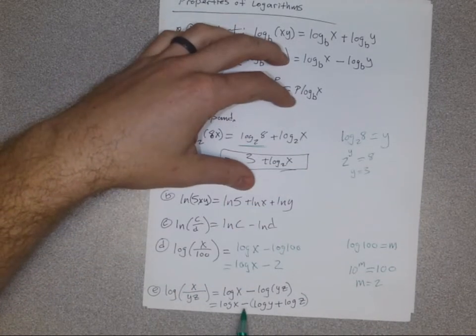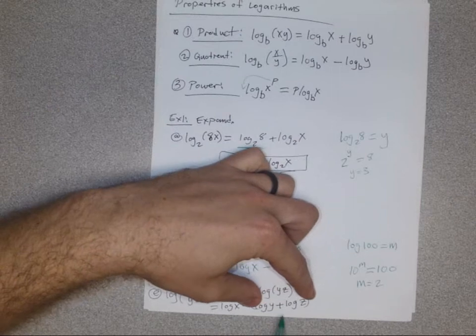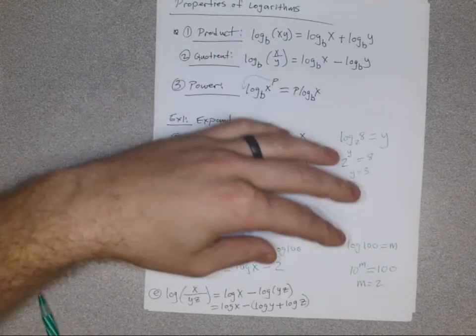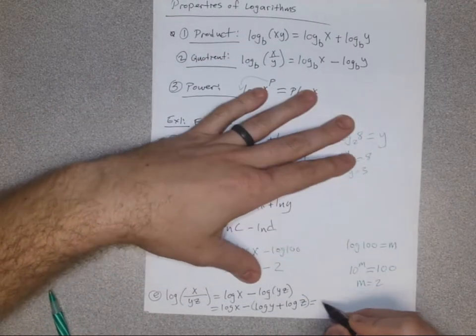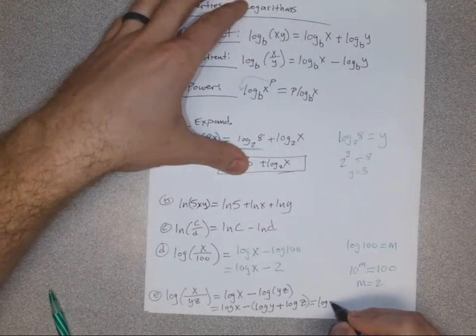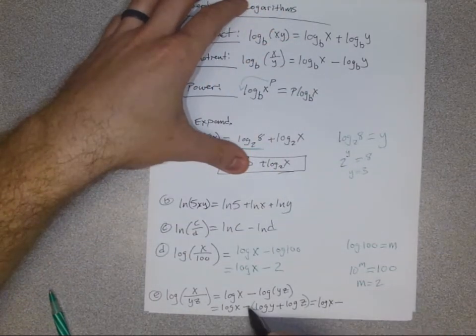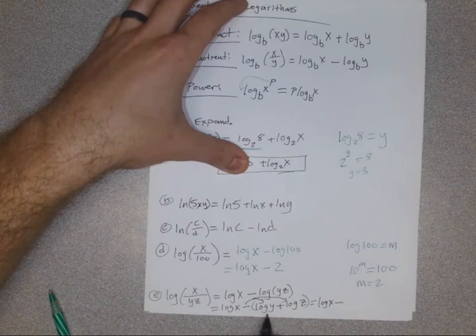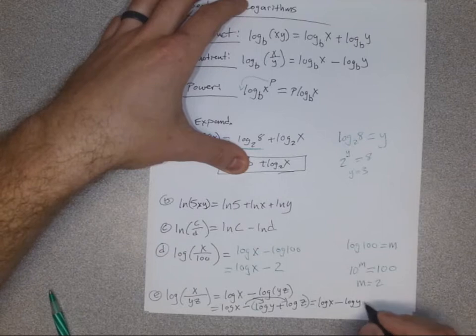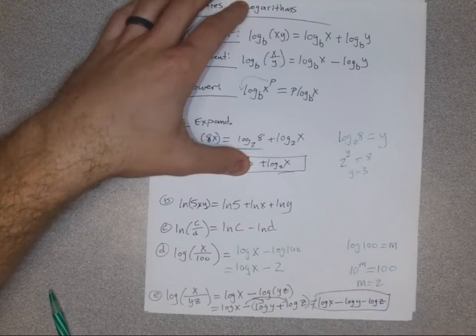So it's log x minus all of this in parentheses. So there's one more step here. I'm running out of room fast. Log x minus, so distribute this negative into both of these terms here, minus log y minus log z. And that would be your answer here.